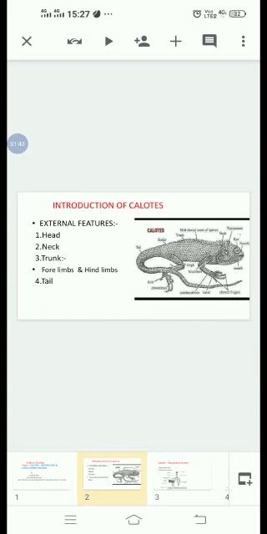It is widely distributed. It spends most of the time on trees, hence it is an arboreal animal. It is insectivorous.